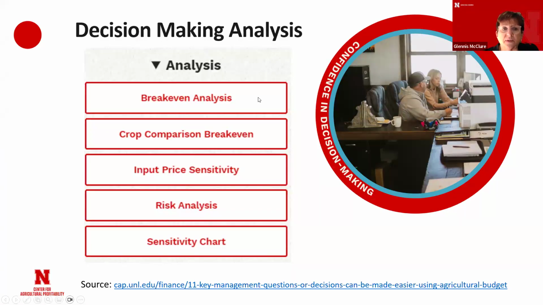And this is a list of those analyses. We've got break even, crop comparisons, sensitivity charts, and the risk analysis section, risk module, I call it, was set up for corn and soybeans in Nebraska. And it really relates back to, what am I doing to mitigate risk? And we use crop insurance.